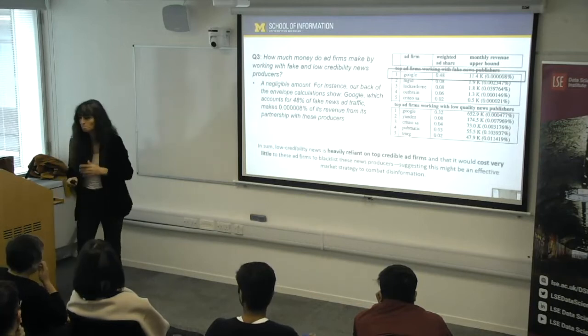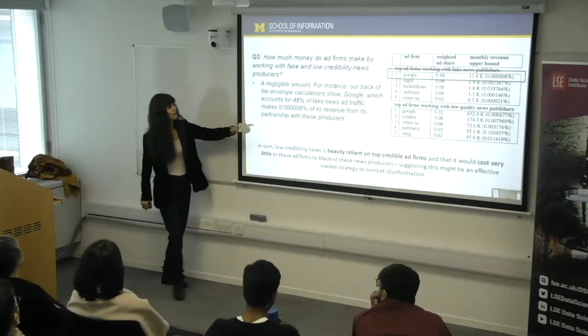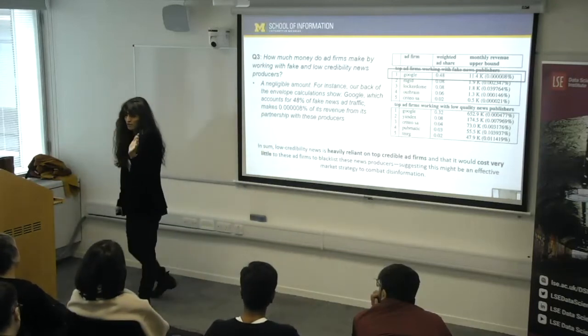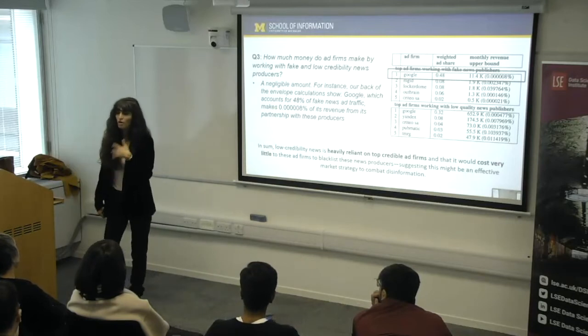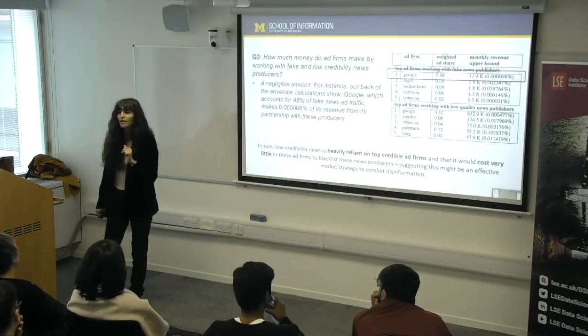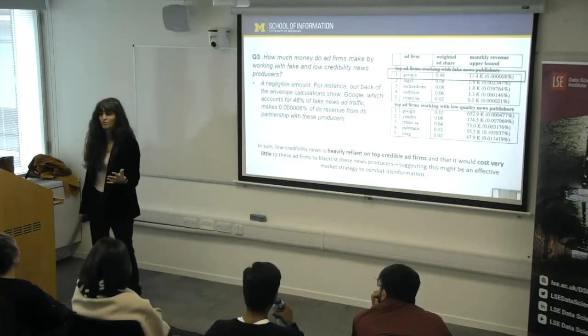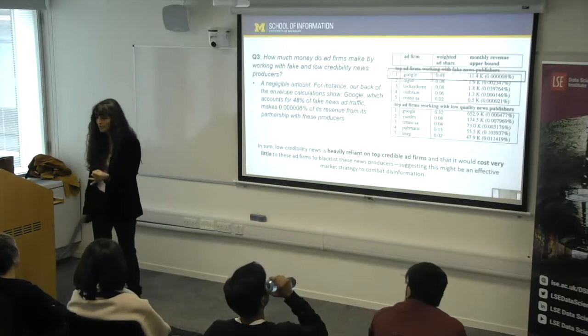Yeah. How do you get that data? So it is back of the envelope. So basically what we're doing is we have their traffic, which is from similarweb.com for each domain. So for each publisher, we know how many monthly visitors they get. And we basically used the industry standards for how much is paid per view, per click.